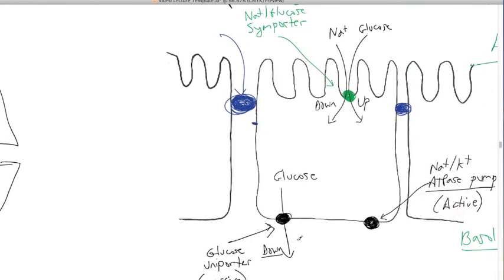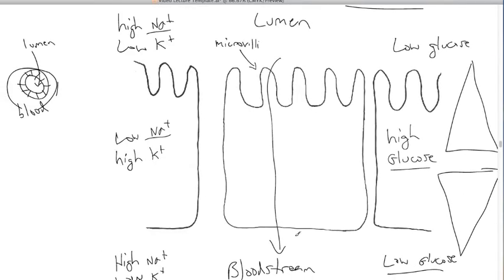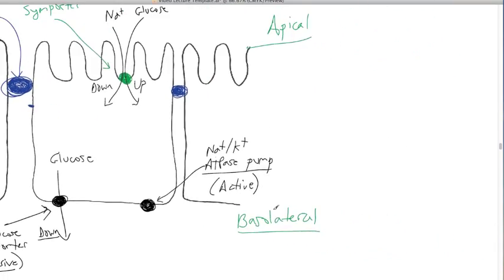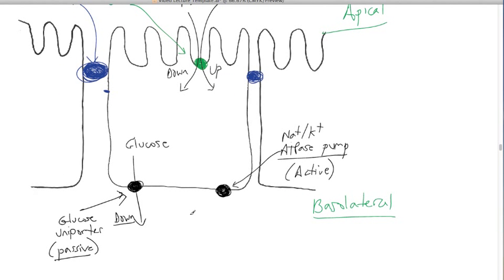Okay? So let's go back real quick. So if you're moving both molecules against their gradients, that means you're going to move potassium from the outside of the cell where it's low to the inside of the cell where it's high. So let's go ahead and draw that. Okay, so potassium from the outside of the cell where it's low, let's just draw low, and that moves inside the cell to where there's high potassium, against the concentration gradient.